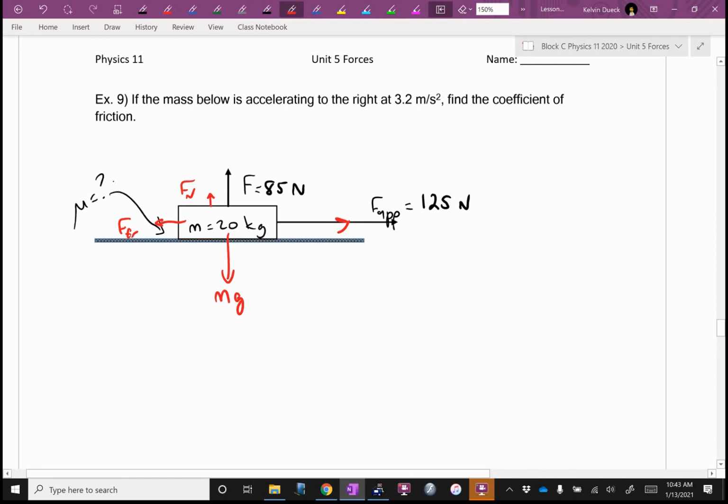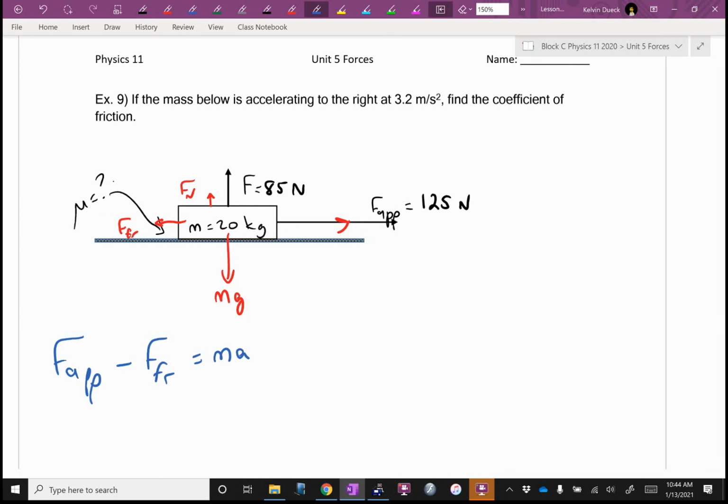Who's winning? Who's losing? What's that going to equal? What's this question want me to find? Where's mu hidden inside of? Let's get friction by itself. What's right in front of friction that I don't like? The negative.